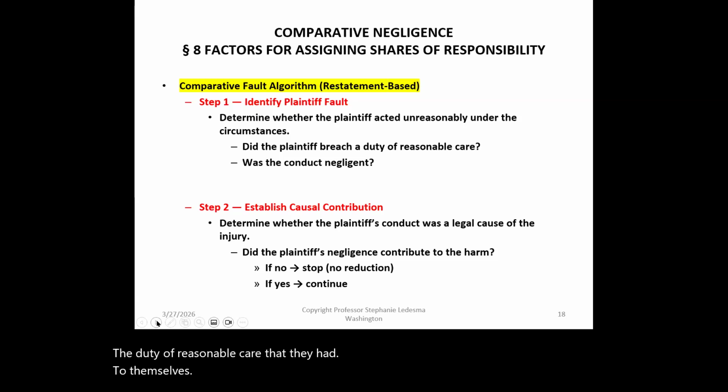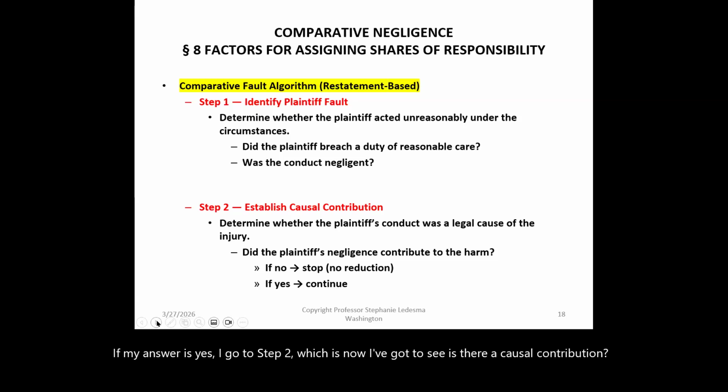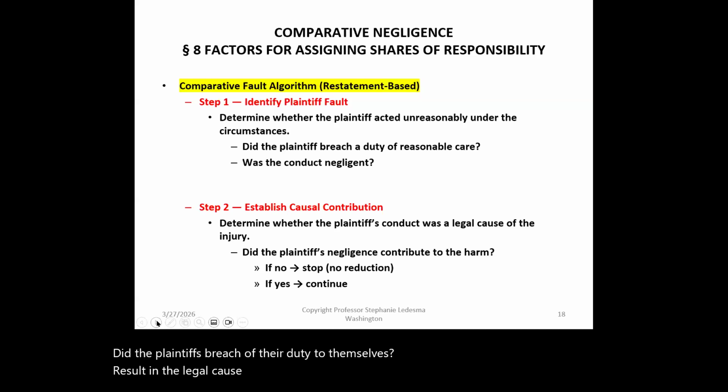If my answer is yes, I go to step 2, which is now I've got to see, is there a causal contribution? Did the plaintiff's breach of their duty to themselves result in the legal cause of the injury? We know how to do legal cause. What's legal cause? Legal cause, aka proximate cause.